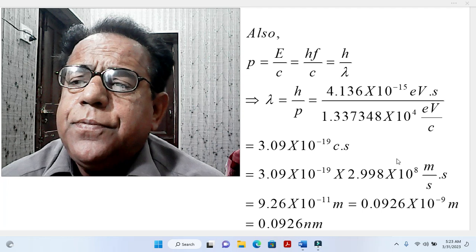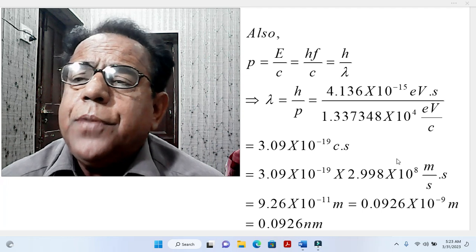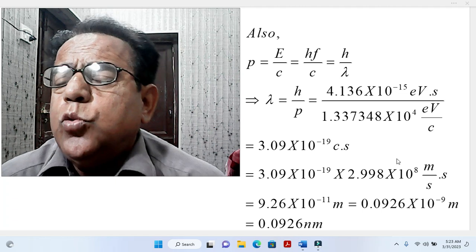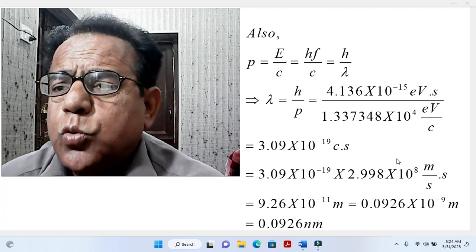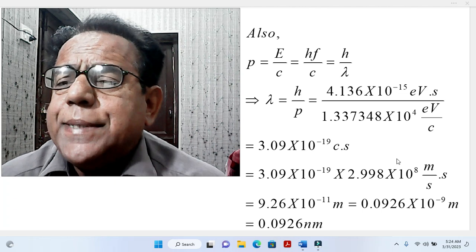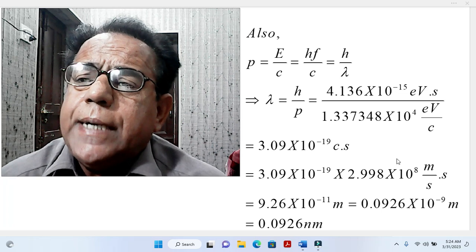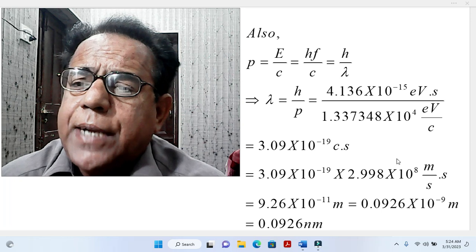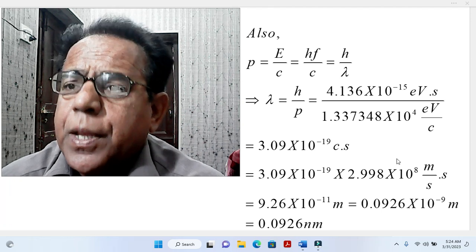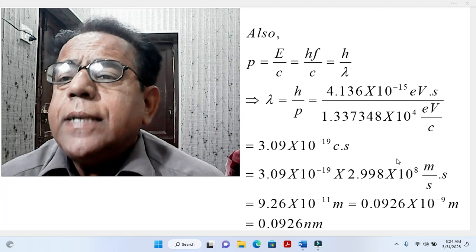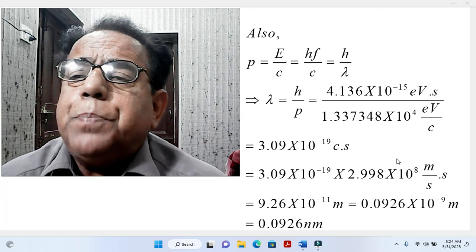Next, we have simply put values of these two parameters. The value of Planck's constant h is also given in a table which we introduced as a helping tool, while value of p is that which we have recently calculated in our previous step.